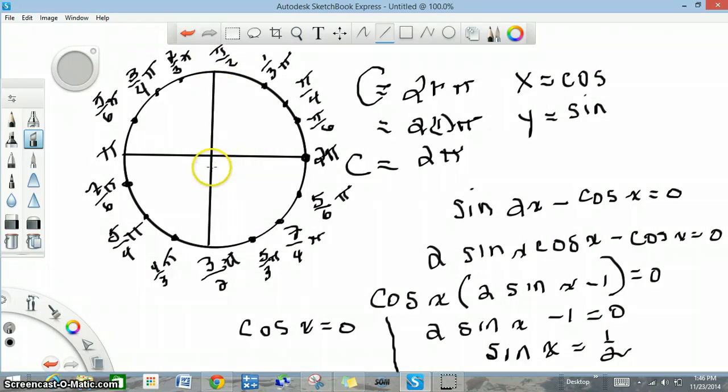Well, the cosine of x being 0 is also where x would be pi over 2 and apparently 3 pi over 2. So we now have 2 of our answers. So we will say that we have pi over 2, comma, 3 pi over 2.